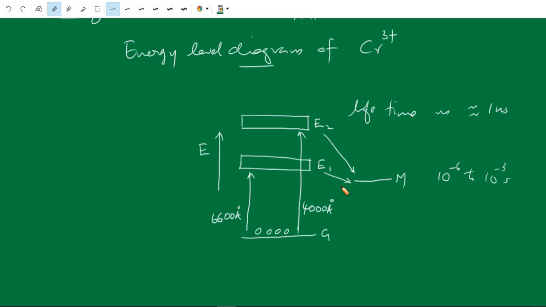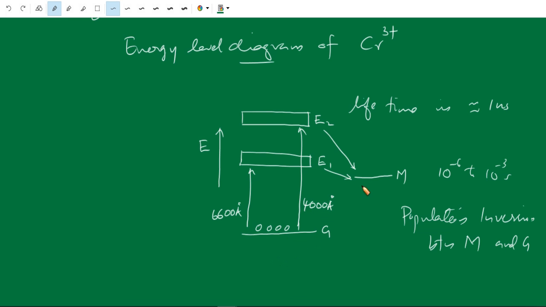Therefore it leads to a state of population inversion between the metastable state M and ground state G. So the population inversion occurs between the metastable state M and ground state G. The transition between the metastable state M and ground state corresponds to a wavelength of 6943 angstrom unit.